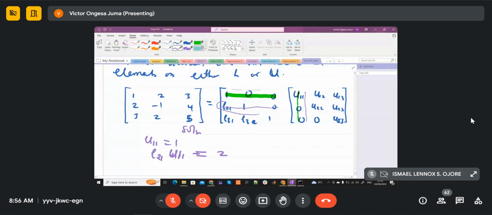So if I multiply this by this, then I get 2. So that's the position. So what does it mean? This means that L21 is 2 divided by U11, which is 2.